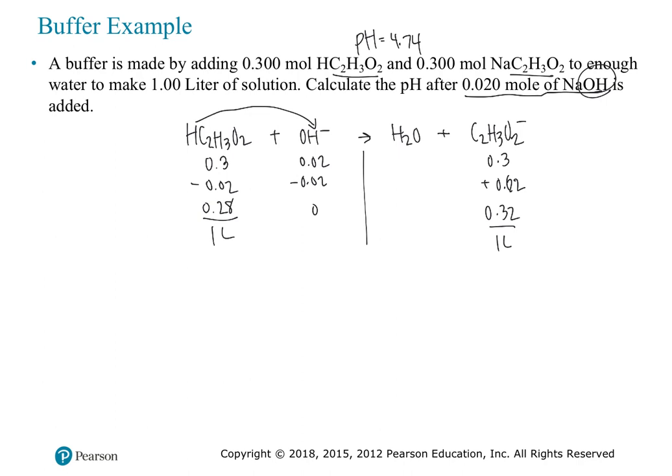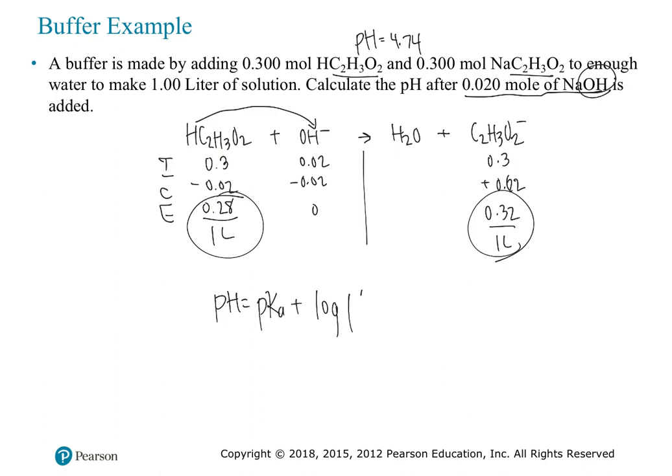At the end here, so if this is ICE, my end, I have a concentration of acid and a concentration of conjugate base. So I have a buffer. So I could use pH equals pKa plus log of the base over the acid.